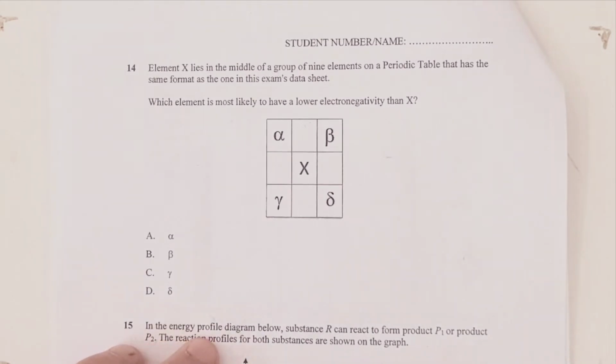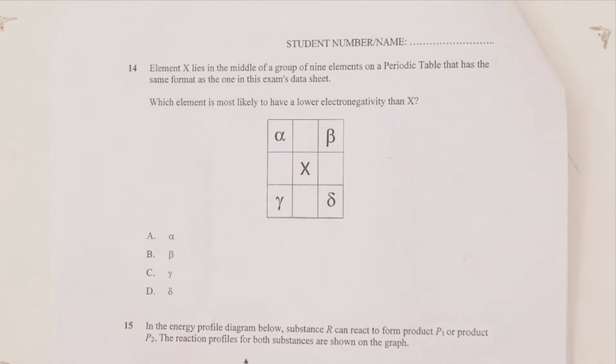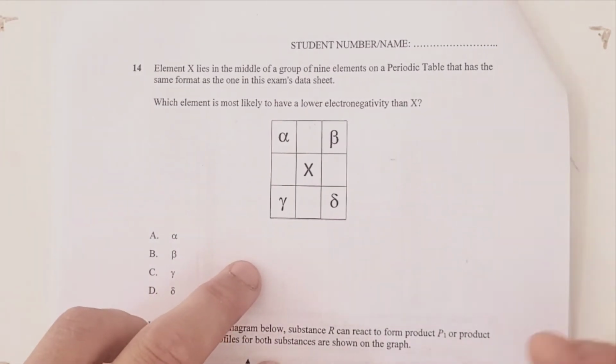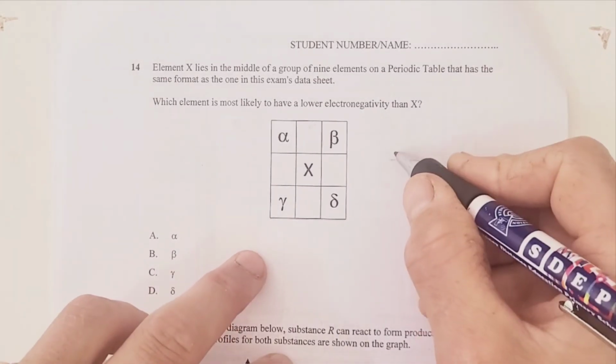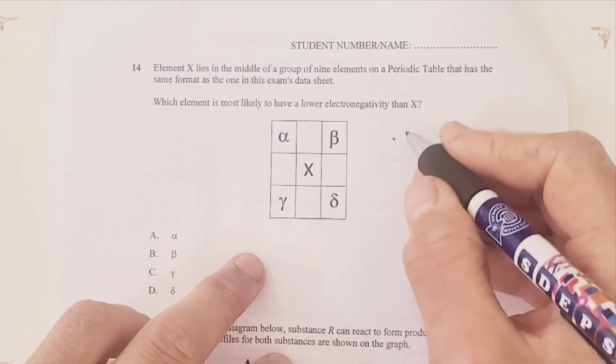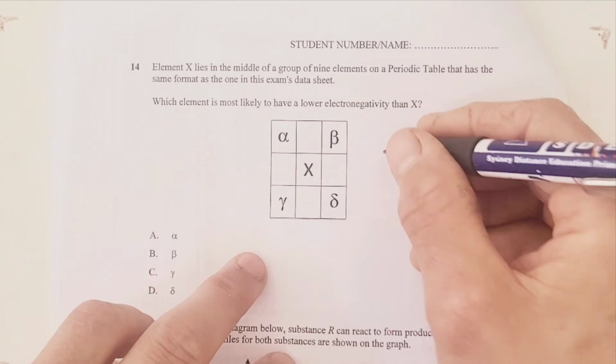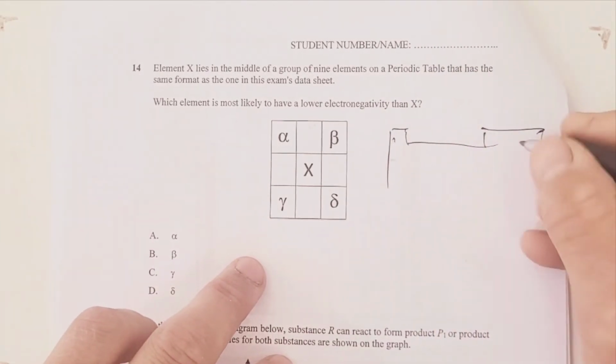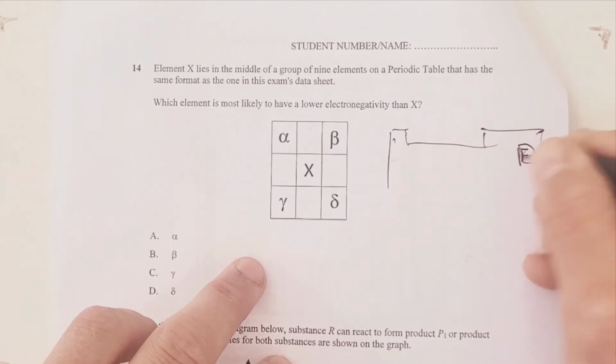Element X lies in the middle of 9 elements. Which element is most likely to have a lower electronegativity than X? So which is the most electronegative? Fluorine, and that's on the periodic table. Okay, fluorine's here.